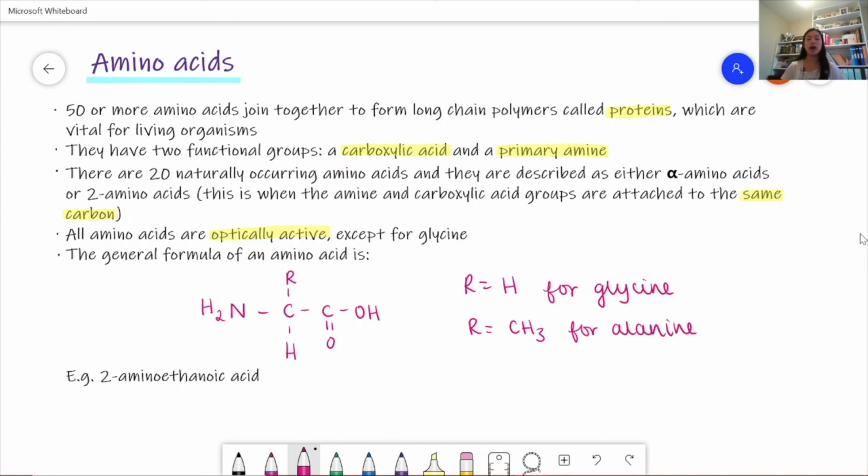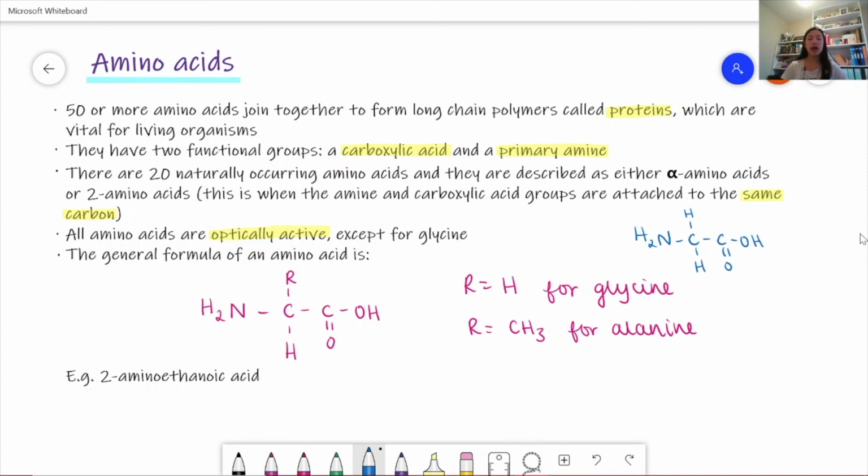So now we can see why glycine won't have optical isomers, because if we draw out the structure of glycine, H2N, and then carbon with two hydrogens, and a C double bond OOH.